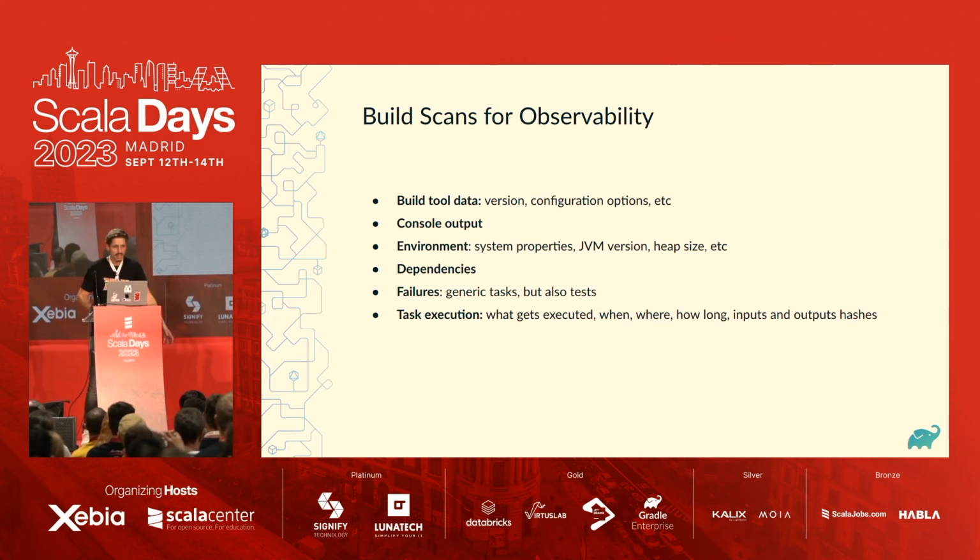That is the JVM version potentially, the heap that is being given to your build process. Of course, you want to know what the dependencies of your build are. And of course also console output and task execution, because all of that is going to give you the tools to investigate and analyze what happened, right?